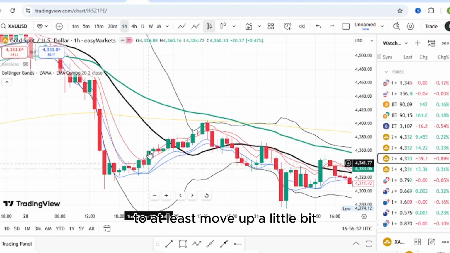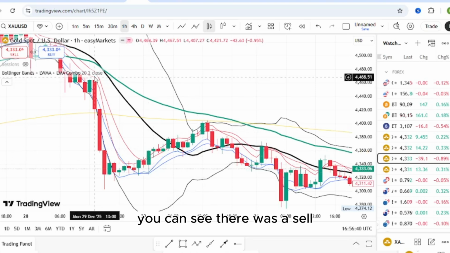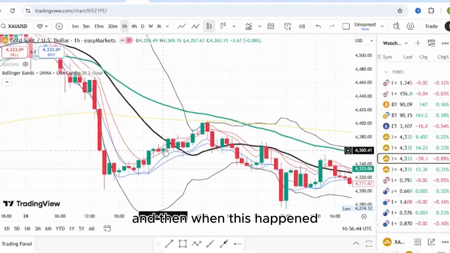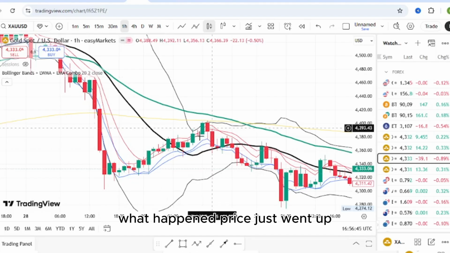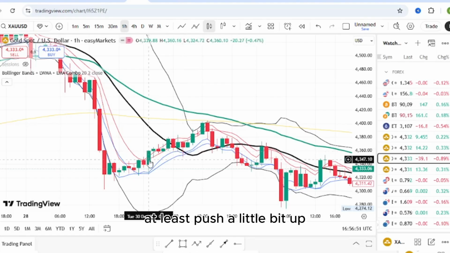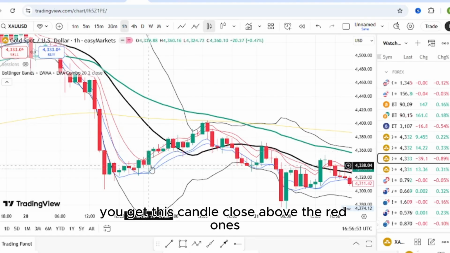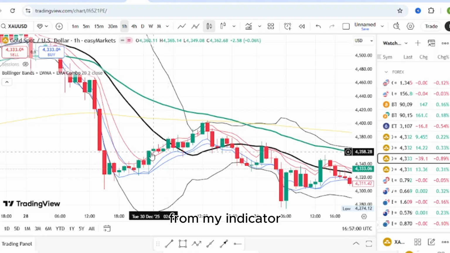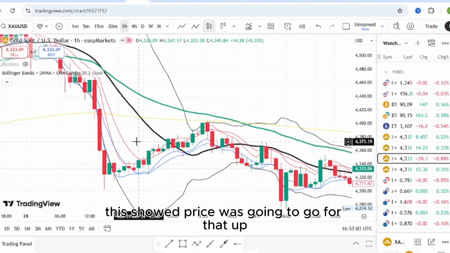You can see there was a serious downtrend coming down, and then when this happened, price just went up, but this was the indication that price was going to at least push a little bit up. This candle closed above the red ones. When the candle closed above the red ones, from my indicator, this showed price was going to go further up. So let's look for another one.